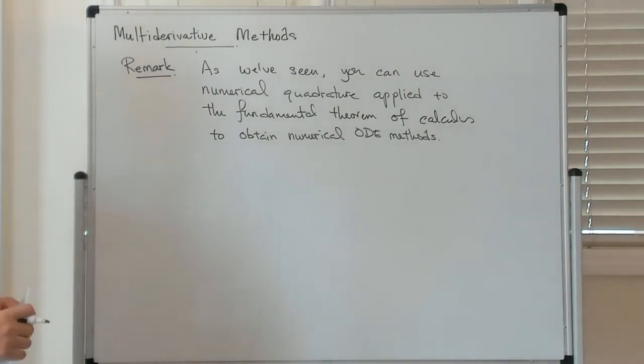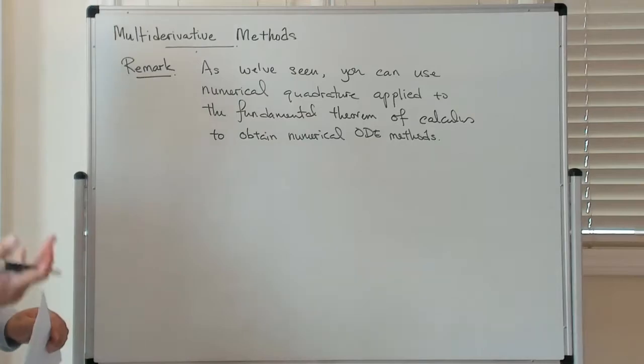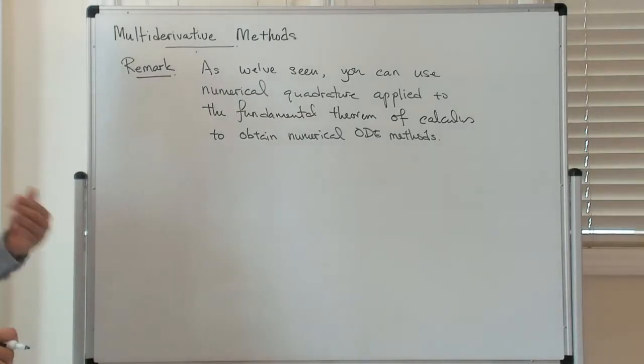The methods which we talked about, in particular Newton-Cotes and the Gauss method, involve quadrature approximations which just involve evaluating the integrand at different points. But you can of course construct numerical quadrature rules which also use derivatives of the integrand in order to construct the approximations.